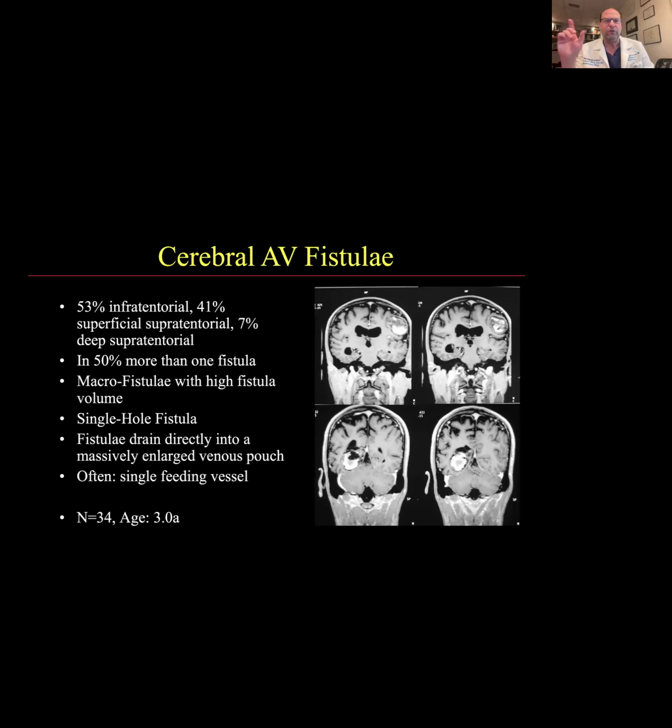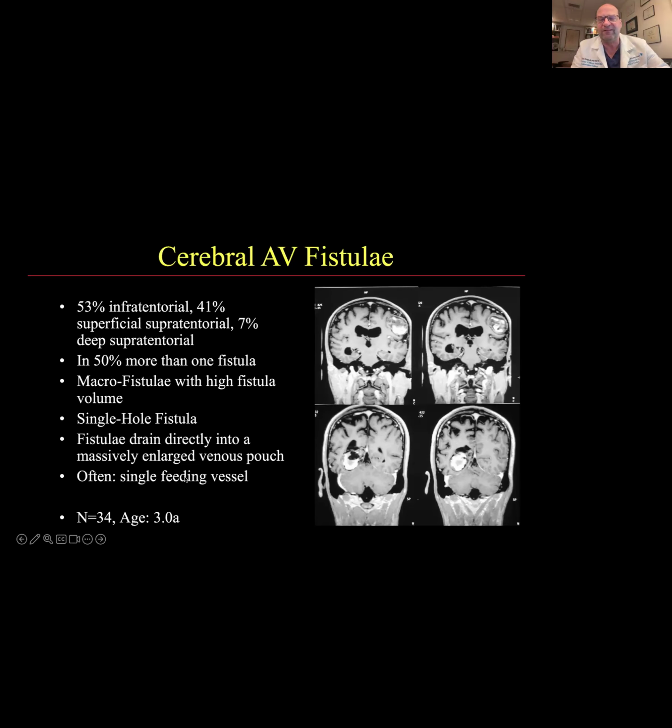The second neurovascular malformation that we have encountered are the cerebral arteriovenous fistulae. So again, a single hole fistula, however, different from the spine. In 50%, there was more than one fistula, again, mainly in the young age group, often a single feeding vessel.